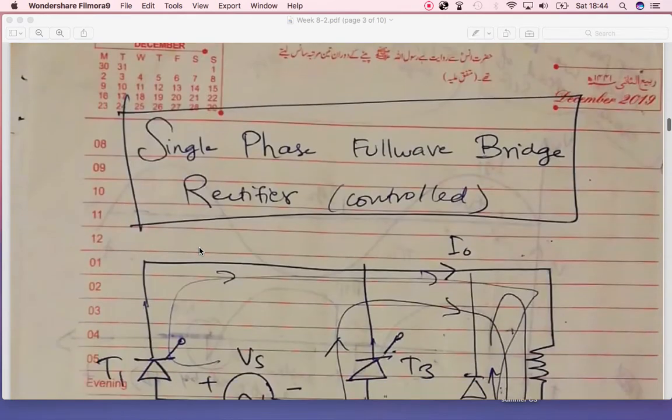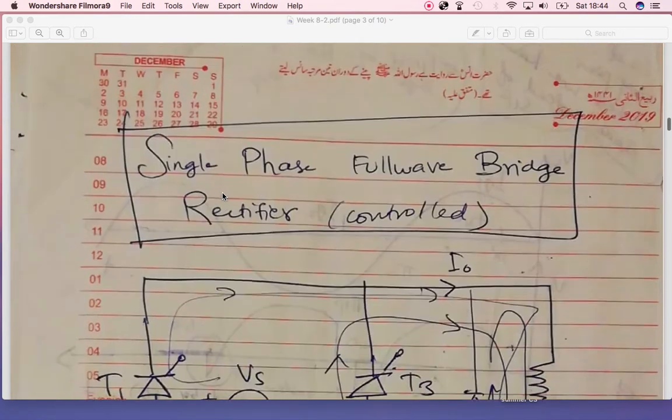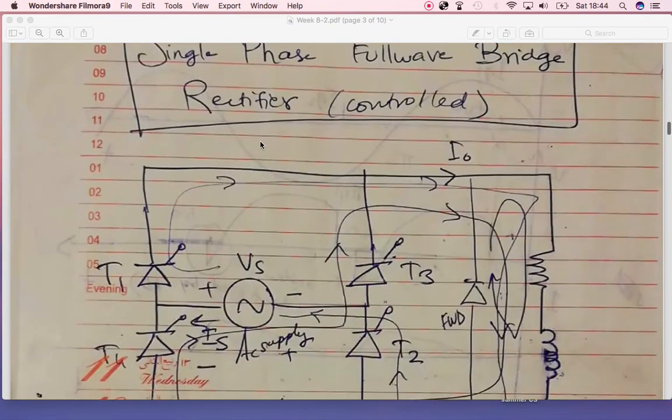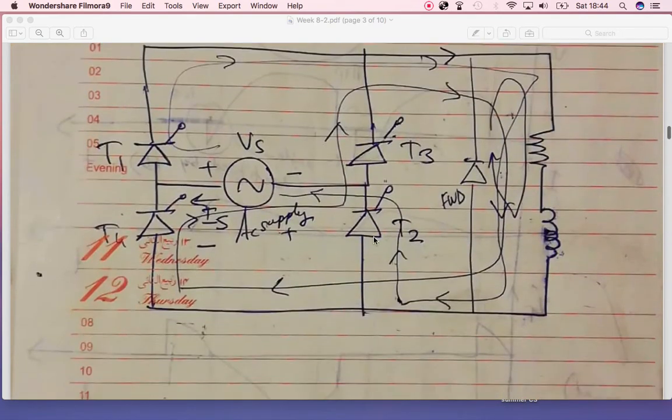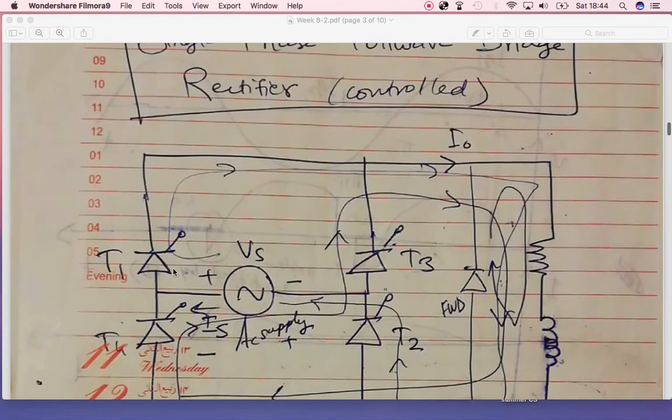the voltage other than the voltage appearing on the load side, all the other voltages are appearing on the thyristor side. So now we can see the single phase full wave bridge rectifier, which is the controlled rectifier and contains 4 thyristors. We have a voltage source in between, and we have this freewheeling diode connected in parallel with the load, and we have this inductor to smoothen our DC voltage. We have two dimensions of the AC signal: one is the positive half cycle and the other is the negative half cycle.